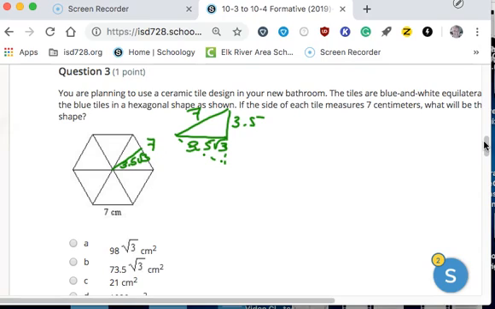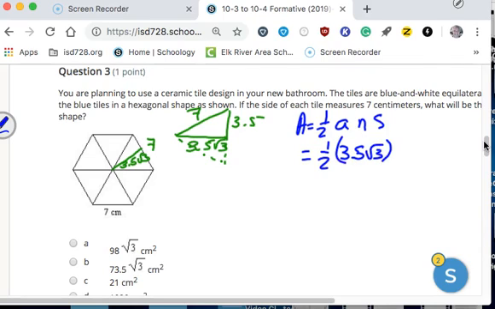Okay, so now I've got my apothem. My area is equal to 1/2 ANS, and I've got 1/2 my A. My apothem is 3.5 square root of 3. My N is the number of triangles, which is 6. My S is 7. Now, in this case, they want us to have it in terms with the square root of 3 out there.